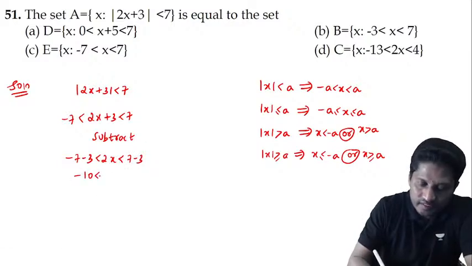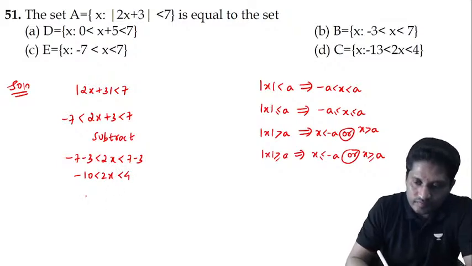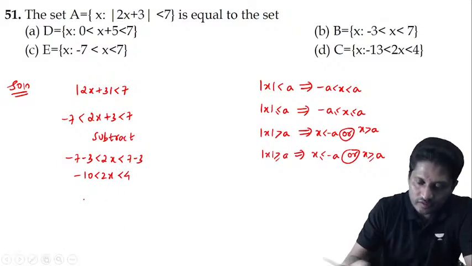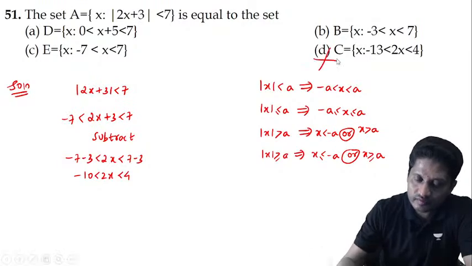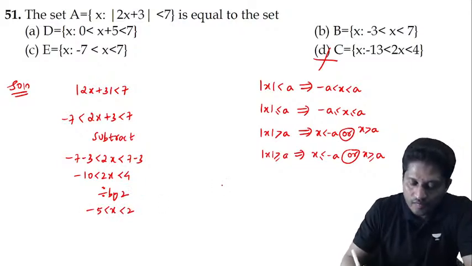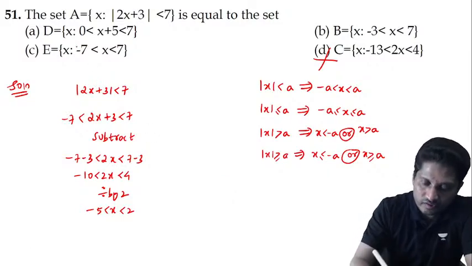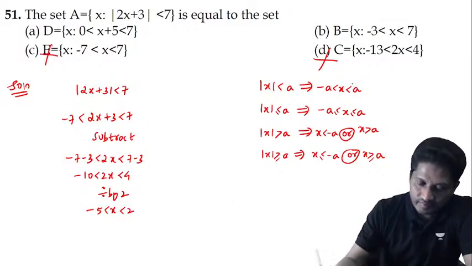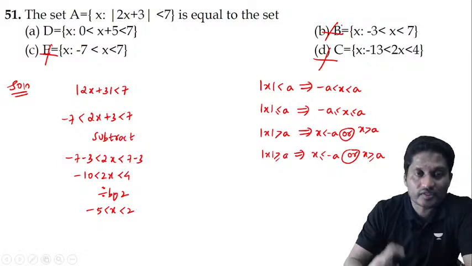Minus 10 is less than 2x, less than 4. Okay, so this means that this is ruled out. If you divide by 2, minus 5 is less than x, less than 2. Okay, even this is ruled out, and even this is ruled out. Only this first option is left out.